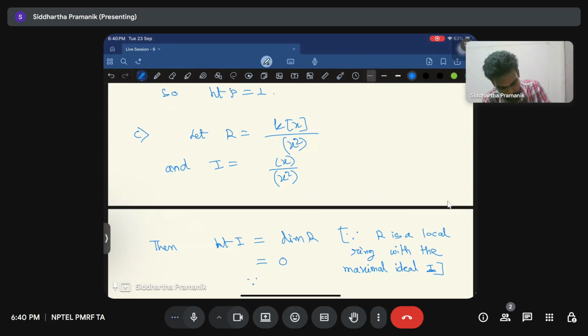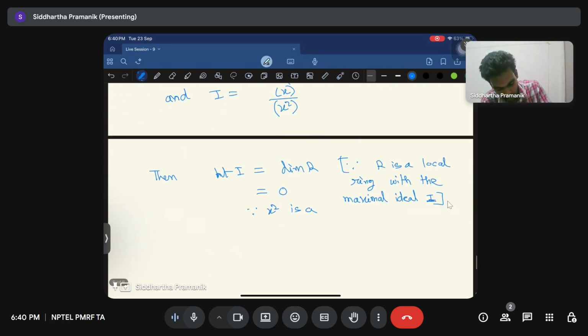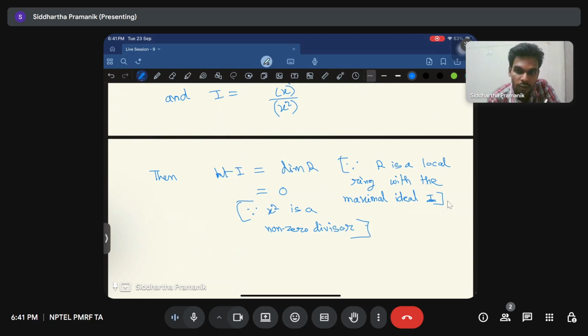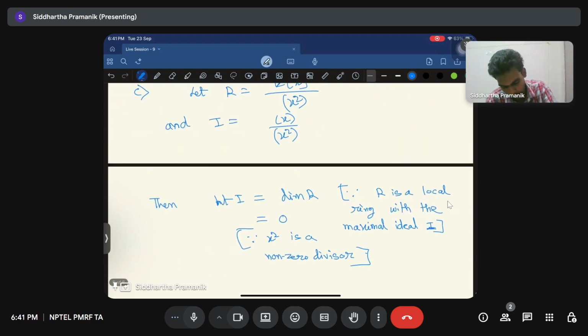Because x square is a non-zero divisor, the dimension will be reduced by 1, so its dimension is 0.